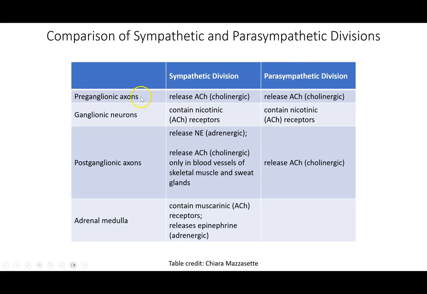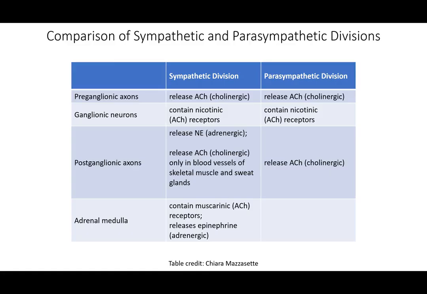So those preganglionic axons are going to be cholinergic and release that acetylcholine. Similar idea with the ganglionic neurons. They are going to contain nicotinic receptors, again for acetylcholine. So acetylcholine, again, can bind to multiple receptor types. That's true in both sympathetic and parasympathetic.